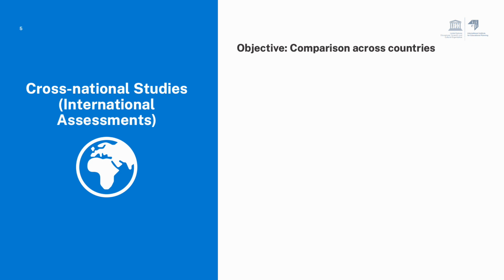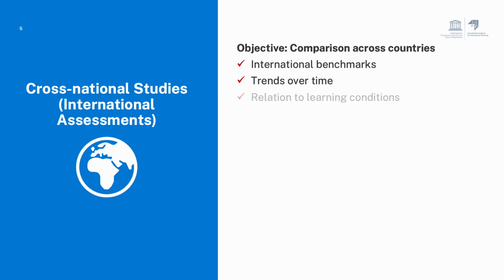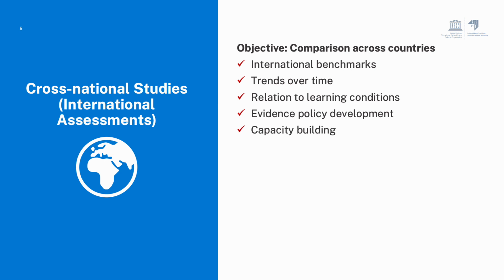Large-scale international assessments aim to provide international benchmarks for key learning outcomes, provide information on development over time, trends, at regular intervals, provide information on learning conditions and how this relates to learning outcomes, provide evidence-based information for policy development, provide research and assessment capacity in countries, and finally, provide adapted tests aimed at developing countries based on the same metric scales.